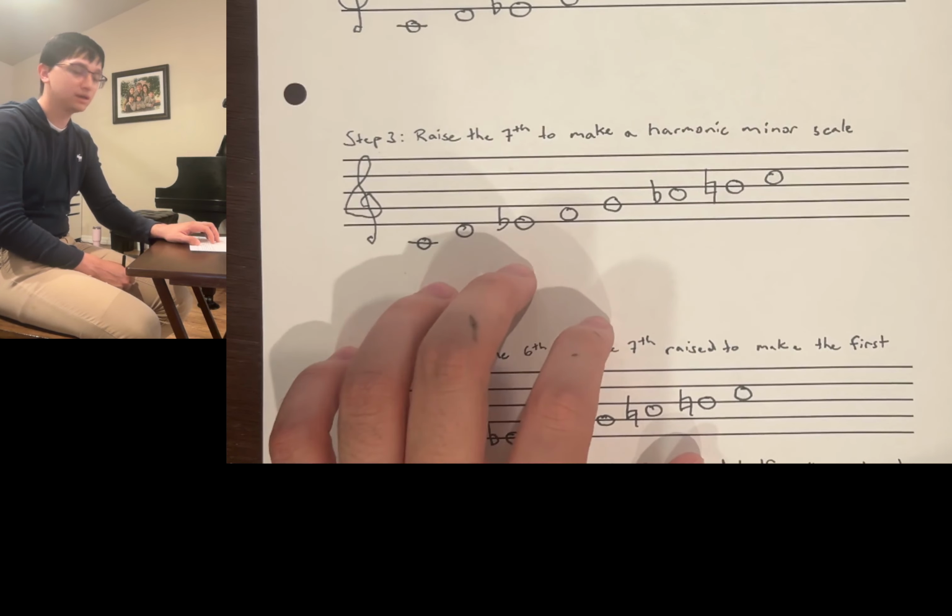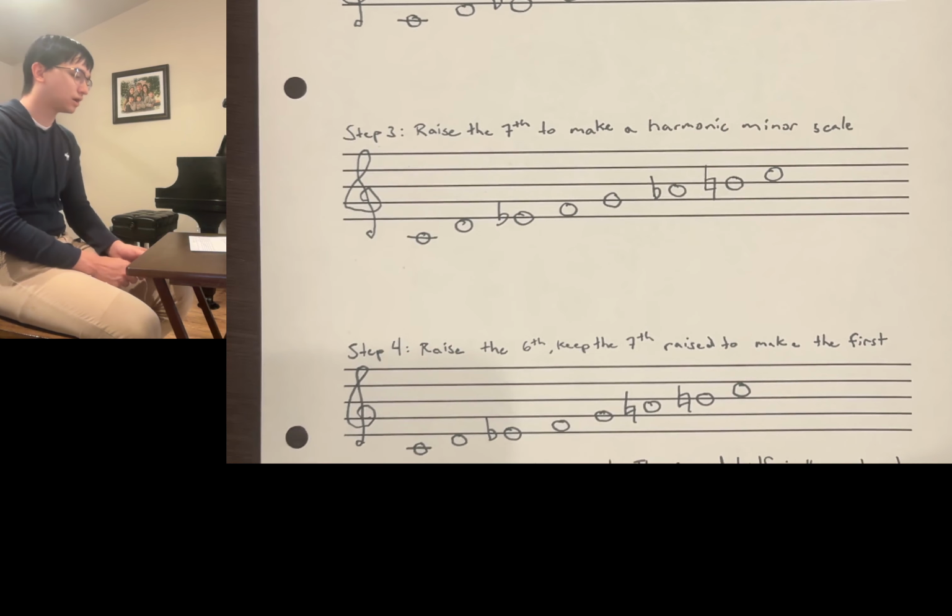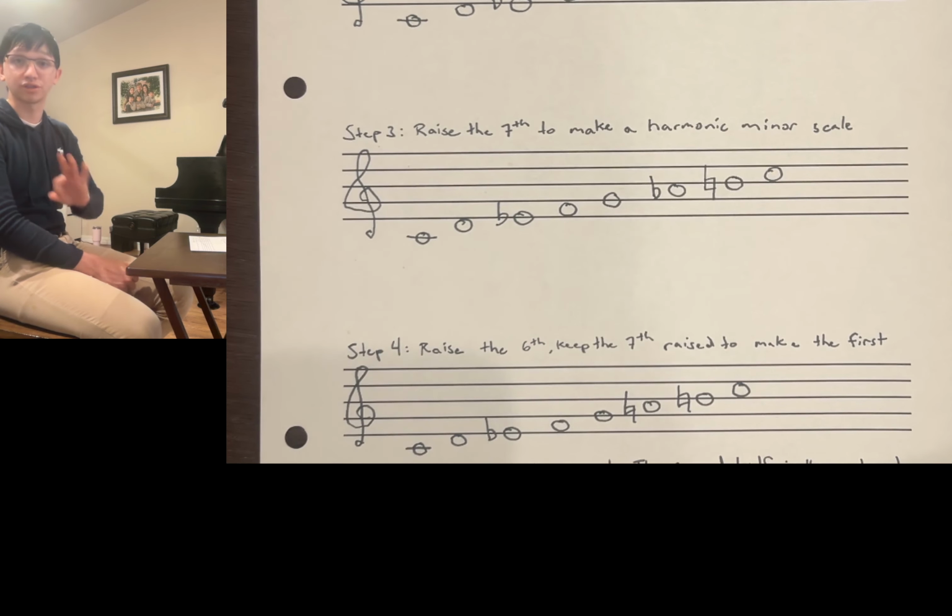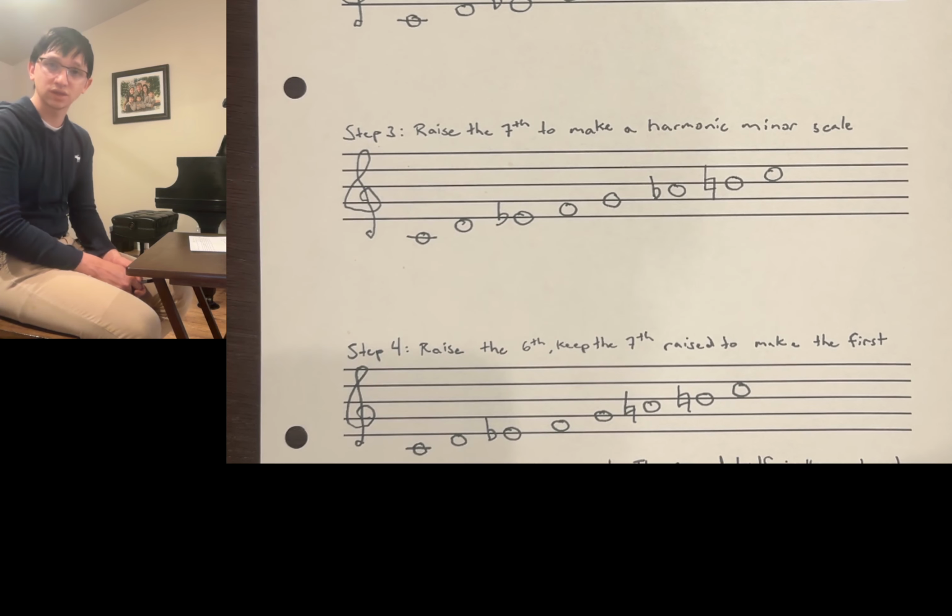Now, step number three, we specifically have raising the seventh to make a harmonic minor scale. With minor scales, there are three different minor scales: the natural, harmonic, and then melodic minor scales. The reason why we have each of them is because of this idea called voice leading, which I won't delve into too deeply.